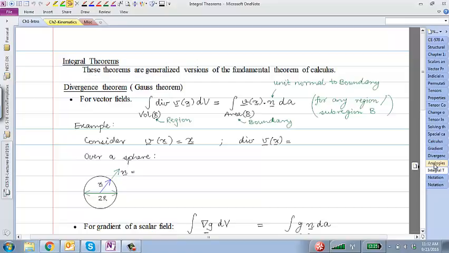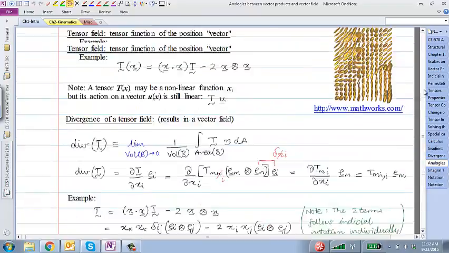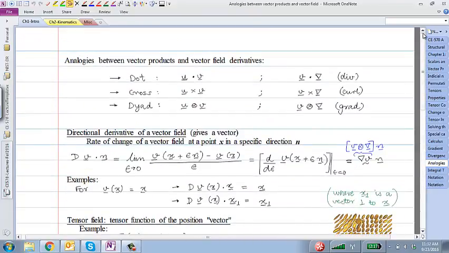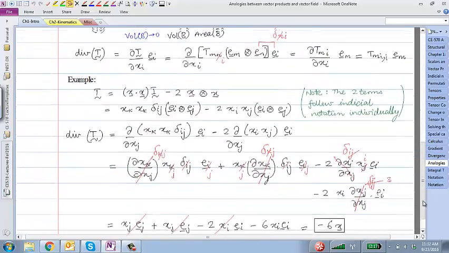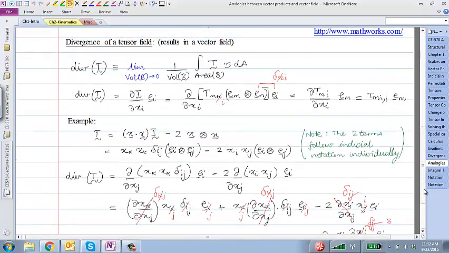So, very quickly, what we've been talking about is calculus of scalars, vectors, and tensors. We went through derivatives of scalars, derivatives of vectors, and last time we introduced the divergence of a tensor field.